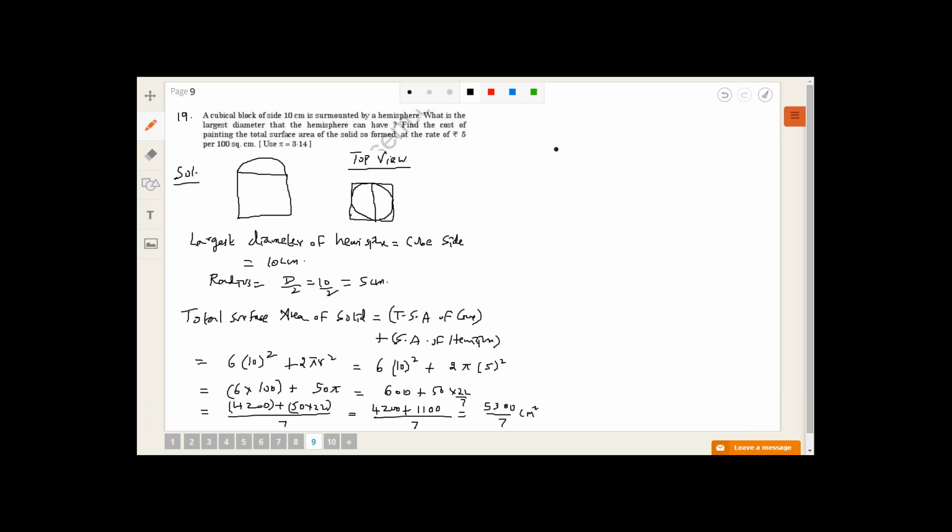But for every 100 square centimeter the rate is 5. So for 5300 by 7 square centimeter it will be what?